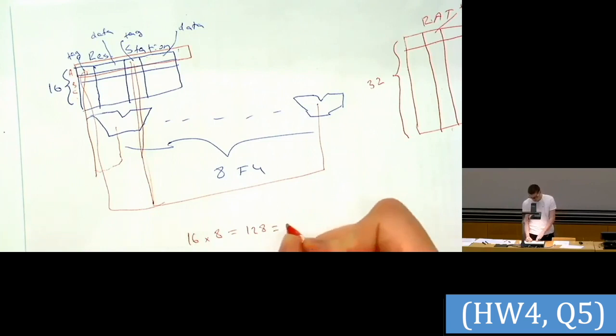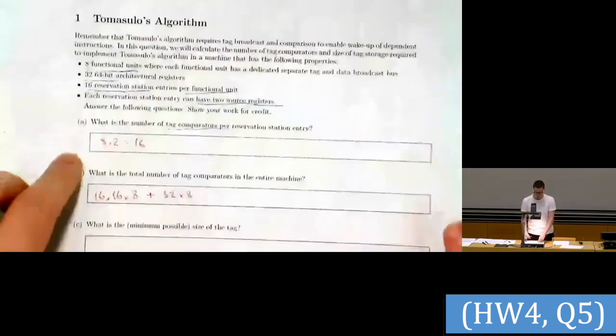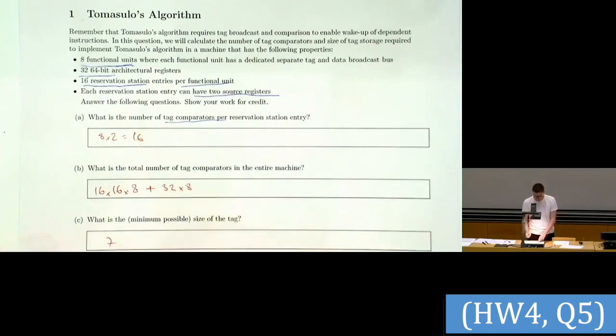And basically, this is equal to 2 to the 7th, and this means we need 7 bits as a tag to be able to address or refer to all reservation station entries. So the minimum is 7. Of course, you can have more than 7, but then you'll have some redundancy, right? Some useless bits. I guess nobody has any questions.